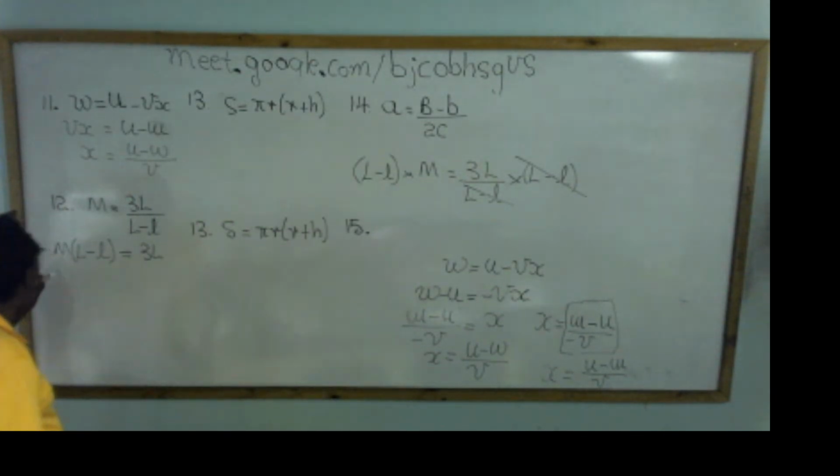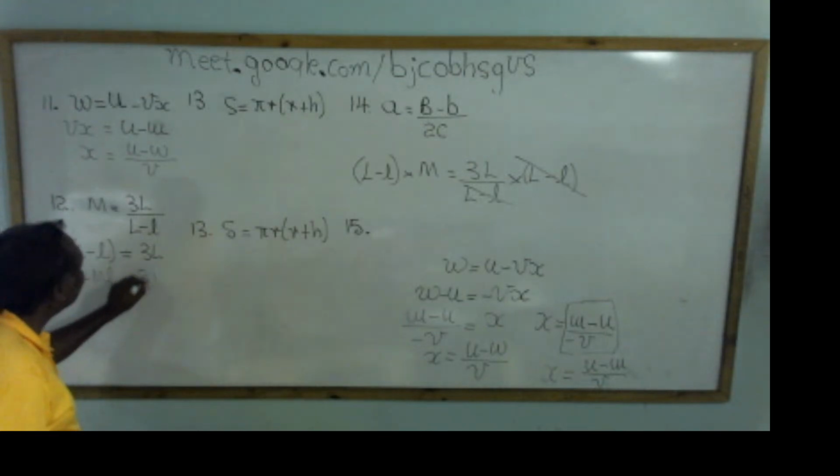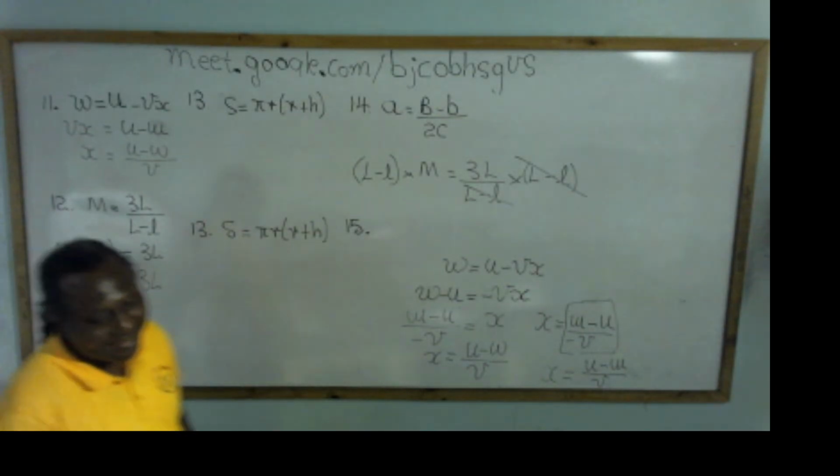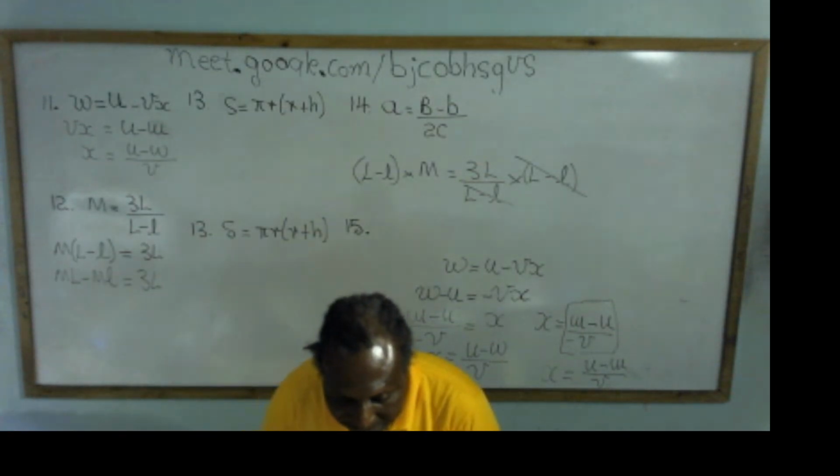So what I do is ML minus ML. So we expand the bracket. We multiply the M by the uppercase L, and we multiply the M by the lowercase l by the distributive law. Is that okay? Yeah, we see it, sir.